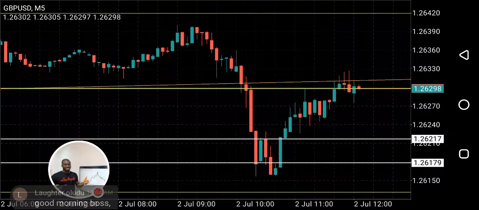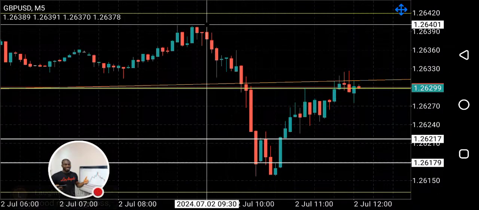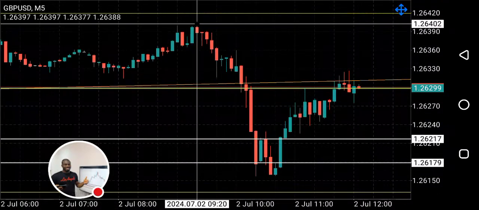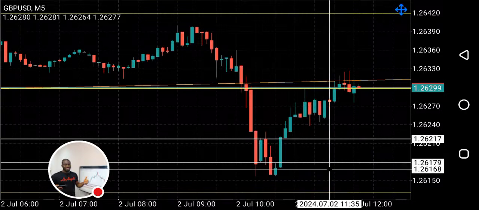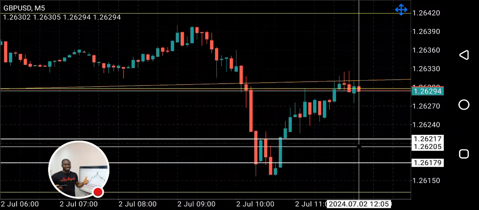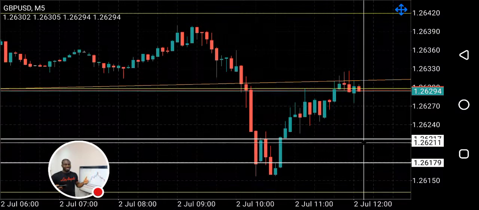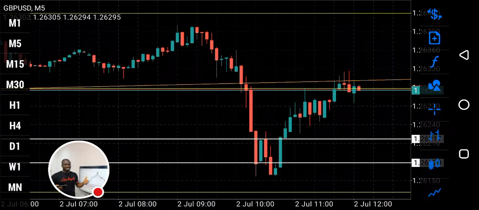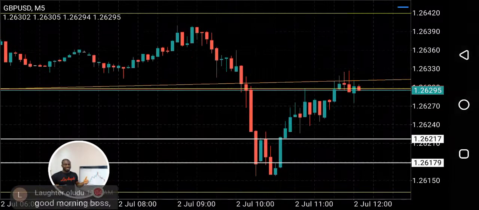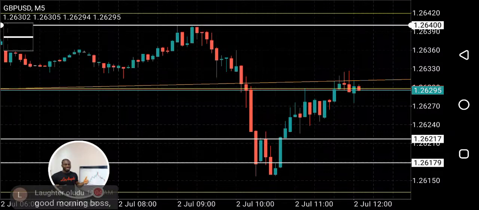It's either price goes up to break structure here and pulls back to fill this fair value gap, or it pulls back to fill this fair value gap before going bullish. If it comes back to fill this fair value gap before going bullish, you could set your first TP at this level. I hope you're getting me.